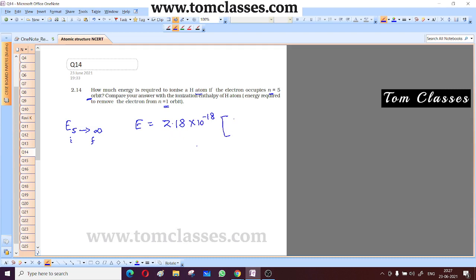So initial orbit is 5, so 1 upon 5 square minus 1 upon infinity square. This will be the ionization energy because we are taking an electron from the fifth orbit to infinity. Okay, so 5 to infinity.